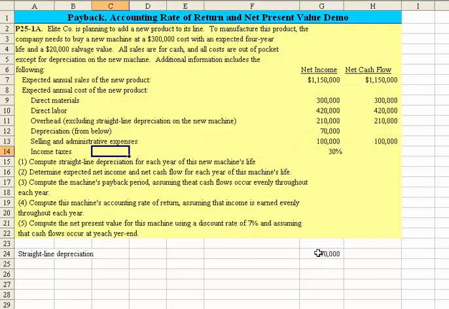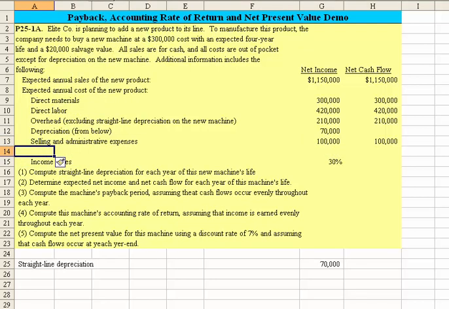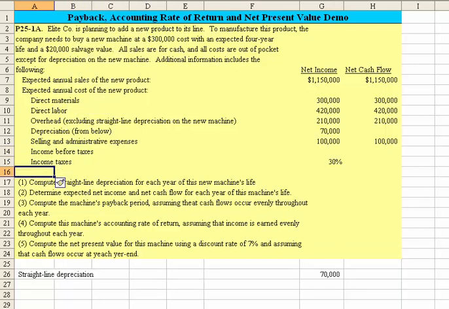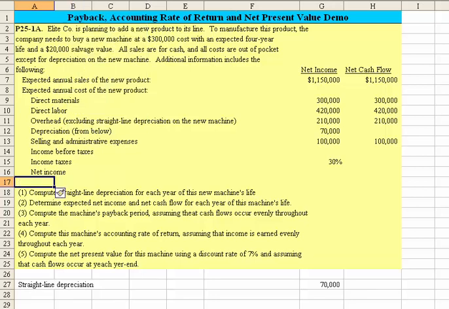And with that, we should be able to come up with what our income before taxes would be. Then our income taxes, our net income, and we could also work on our net cash flow.